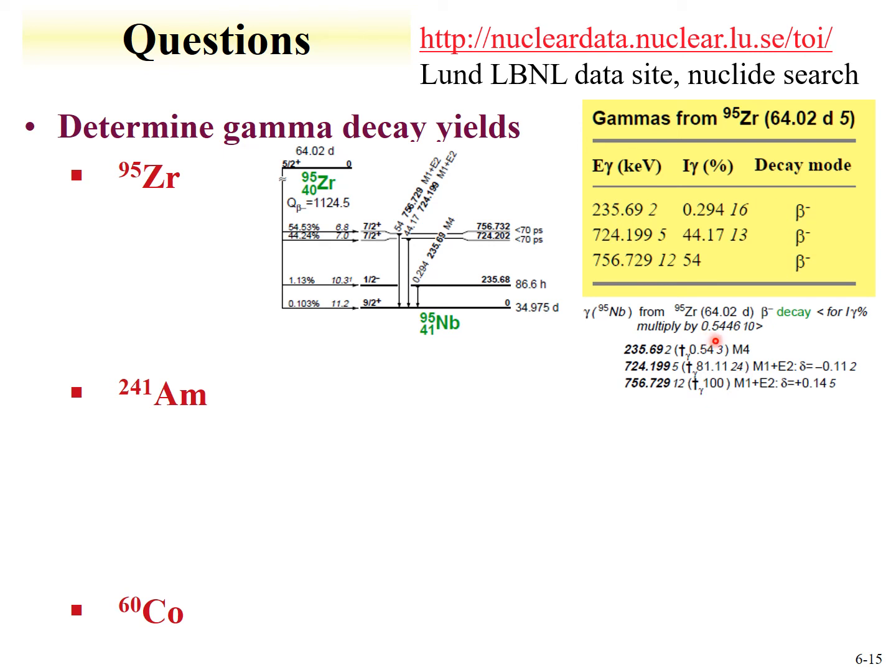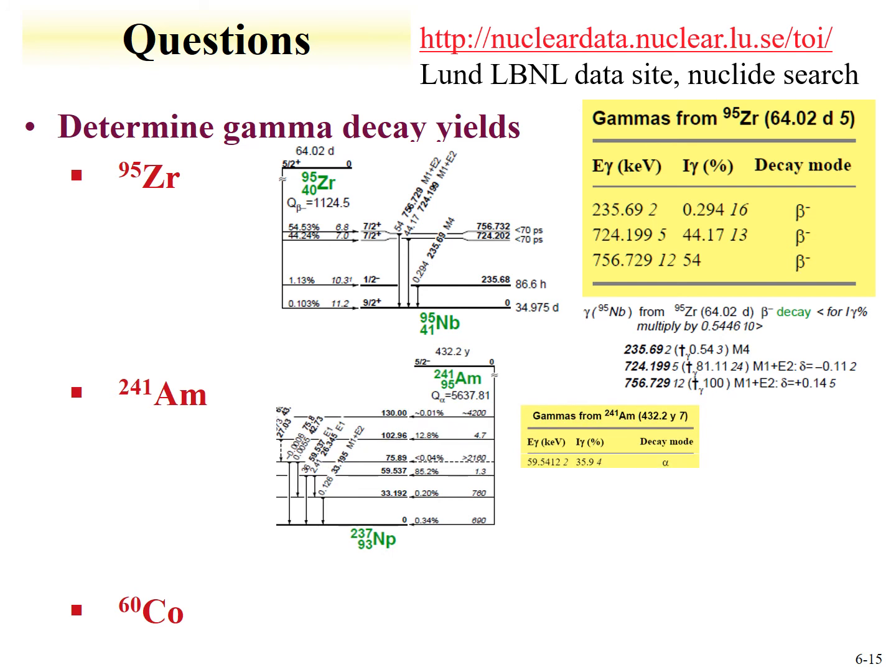So 0.5446 multiplied by 100 gives us our 54%, and 81.11 multiplied by this value gives us the 44%. We can also look for the data for americium-241, which decays prominently by a 59.5 keV photon.